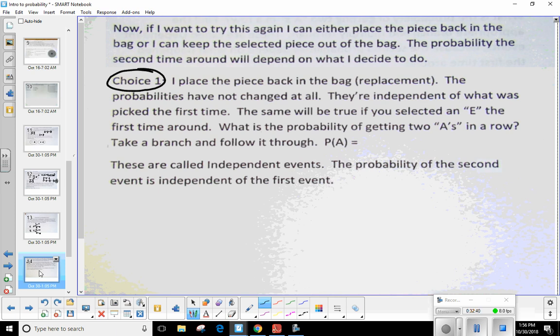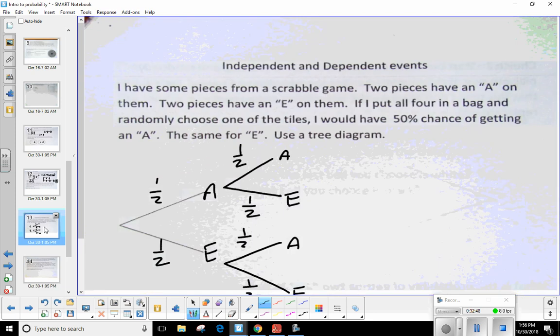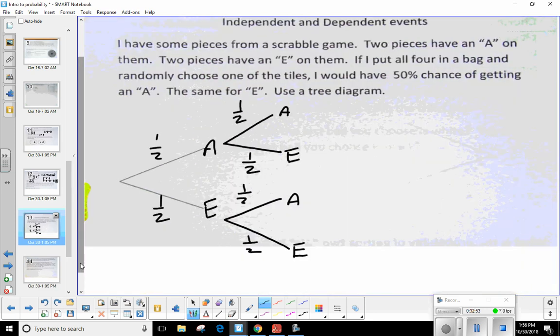Okay. Now, let's finish this up right here. It says, what's the probability of getting 2 A's in a row? Take a branch and follow it through. So you remember I was talking about this with Eli just a second ago. If we look at the individual branches, what are those when it relates back to sets? Starts with an I. Remember, those were intersections.